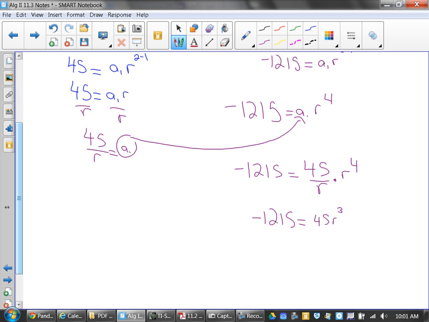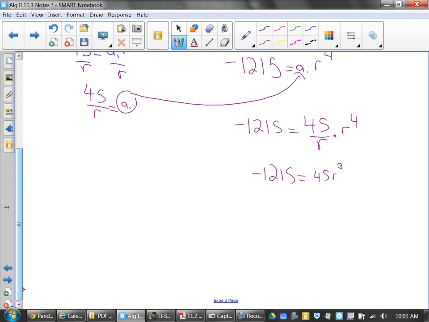Now it's a two-step equation. Divide both sides by 45, and you should get negative 27. Square, cube, cube root. So now we have to know how to undo the third power. In order to undo cubing, we have to take that root.